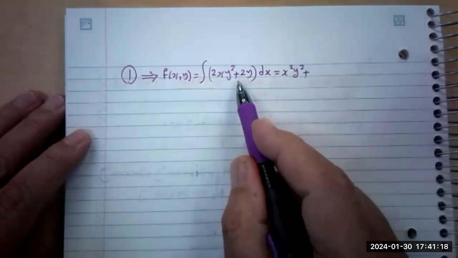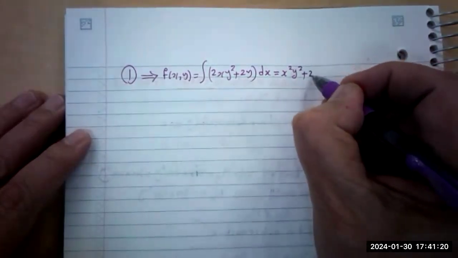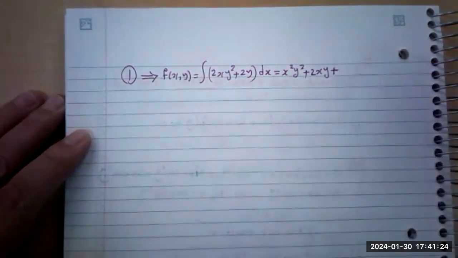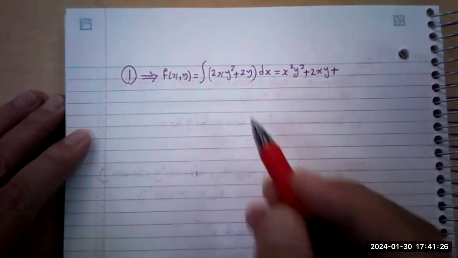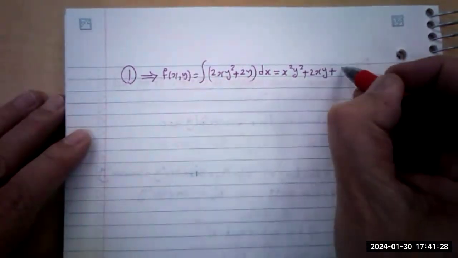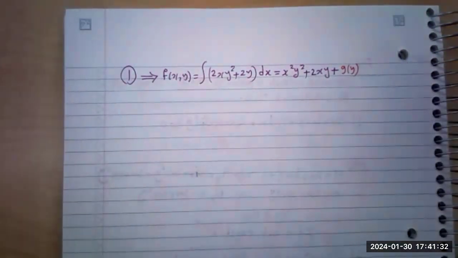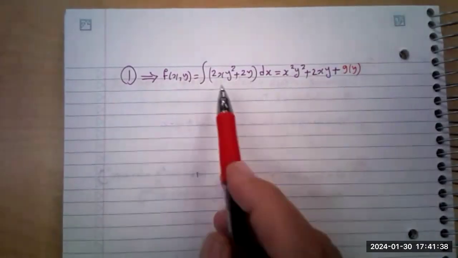Integrating 2y with respect to x gives you 2xy. But there is a constant. Since you integrate with respect to x, the constant can be a function of y. This is the way we write it down. You can write c of y if you like, and we usually go with g. Okay, I'll just repeat it again.